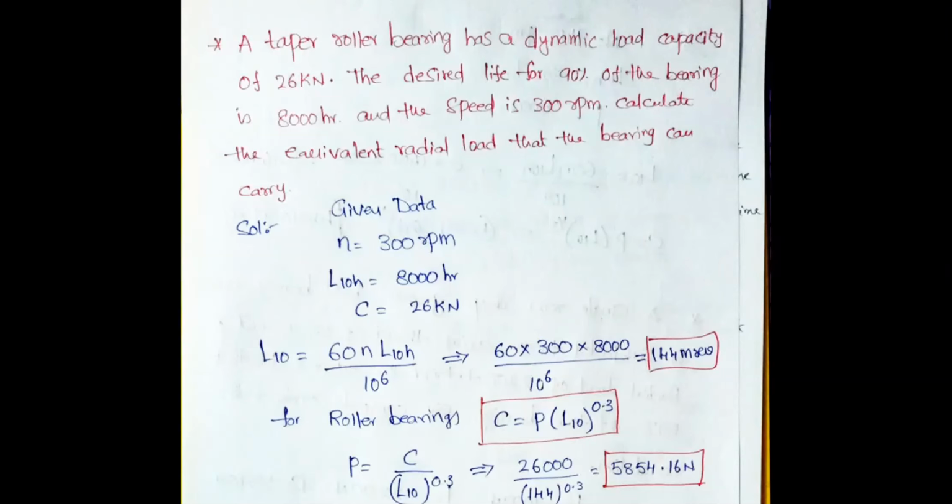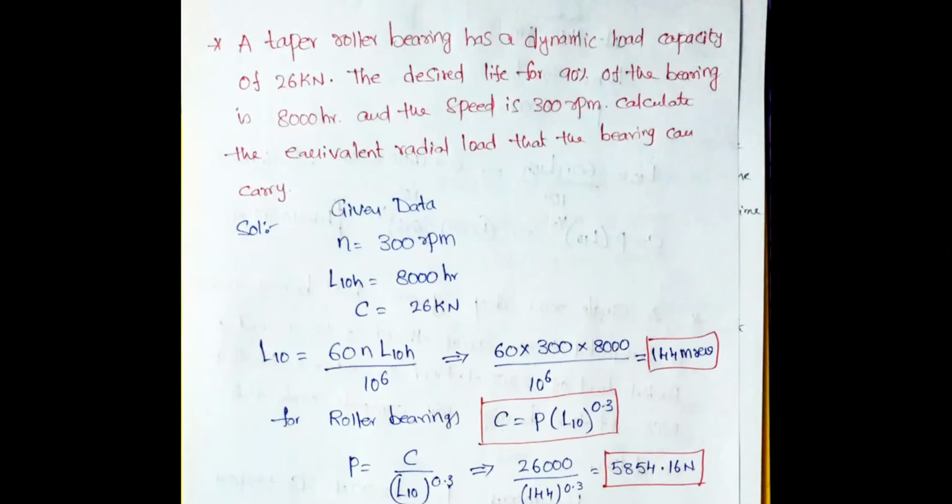So the dynamic load capacity C is 26 kilonewtons.